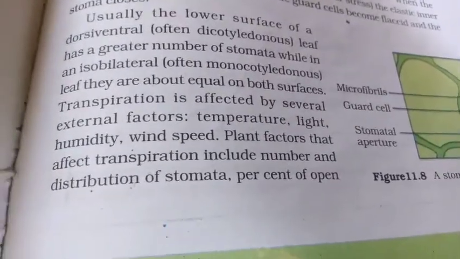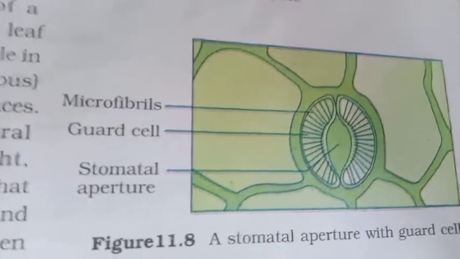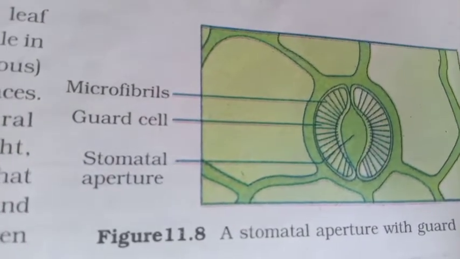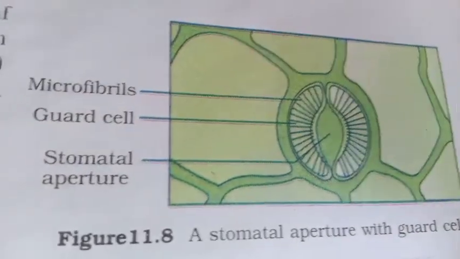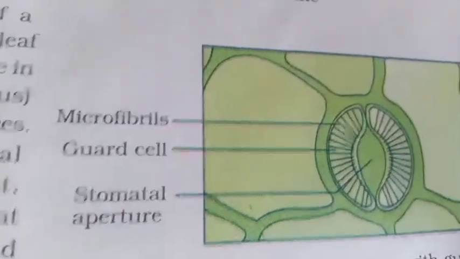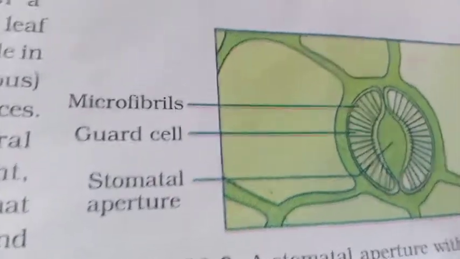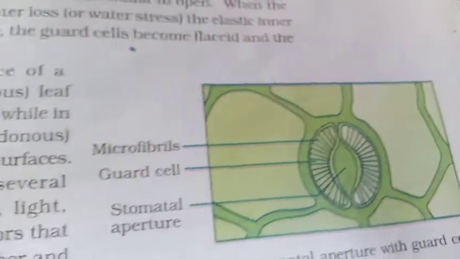Plant factors that affect transpiration include number and distribution of the stomata, percent of open stomata, water status of the plant, canopy structure, etc. And this is the stomatal aperture surrounded by the two kidney-shaped or bean-shaped guard cells, and in the center lies the stomatal aperture. And these are the microfibrils here, which are arranged radially, made up of cellulose, that improve the elasticity of the guard cells.